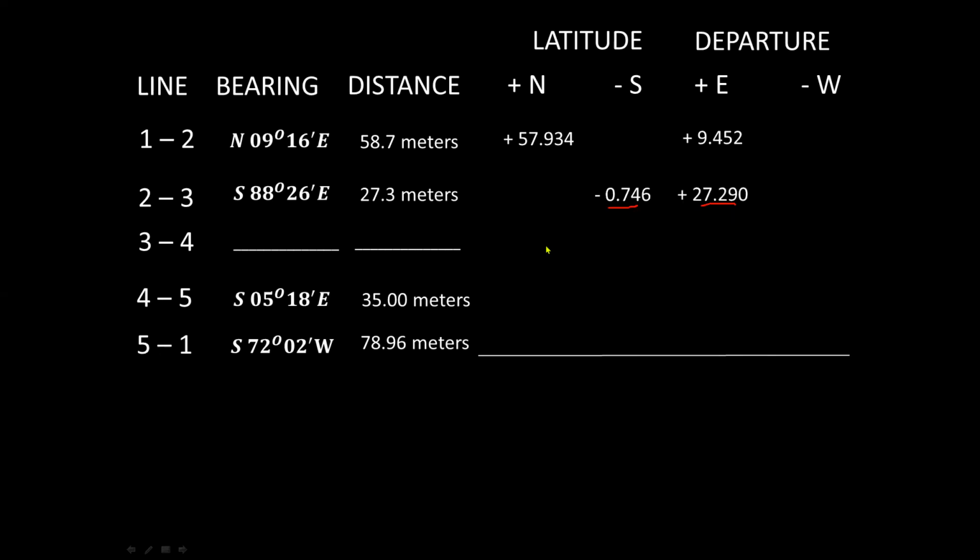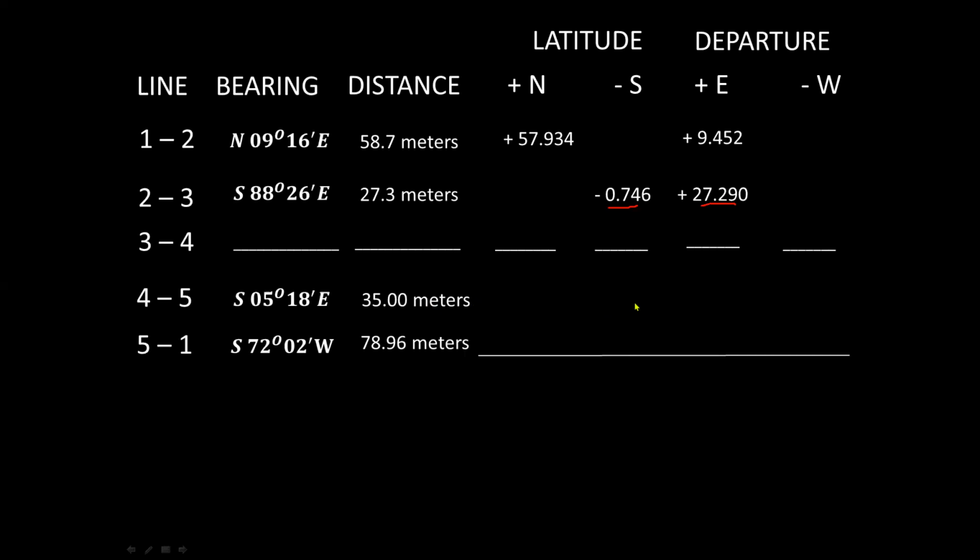And of course, we cannot find the latitude and departure of line 3-4, since we have no given distance and bearing. These two are what we are looking for in case 1. So, temporarily, those are left blank. But we can calculate the latitude of line 4-5 and its departure since we have the distance and bearing.